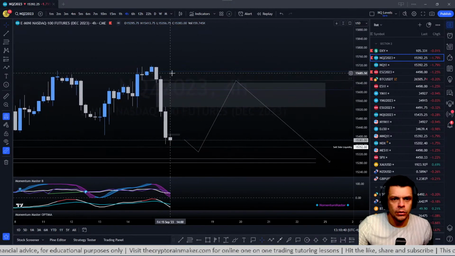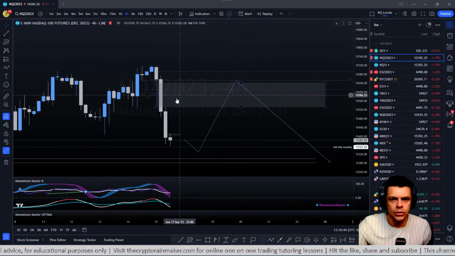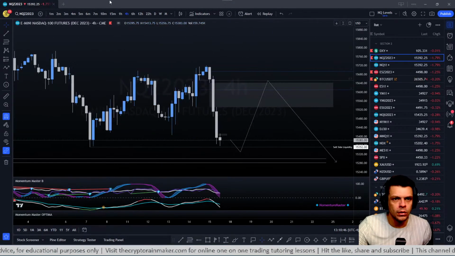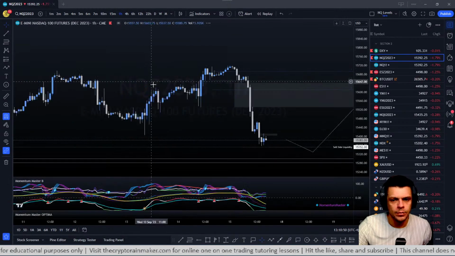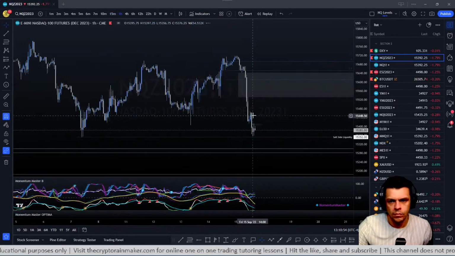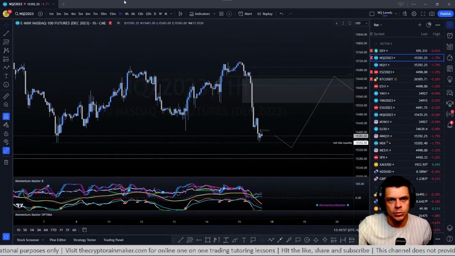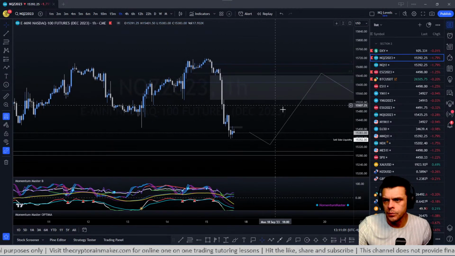So we have the new day opening gap in the same area as the fair value gap. So this is going to be a strong draw on liquidity in my opinion, after we raid the sell side liquidity. All right, that's what I see for the analysis for the Nasdaq right now.